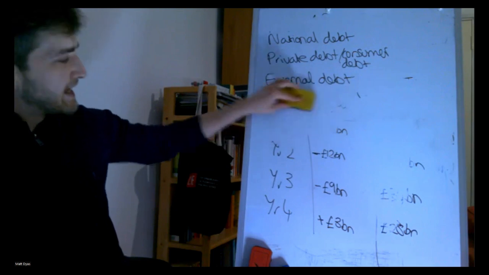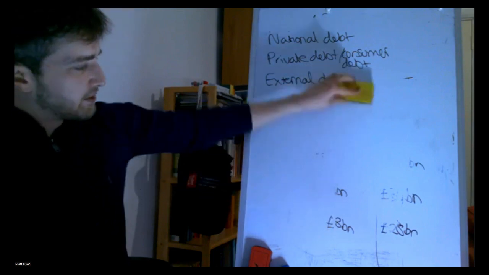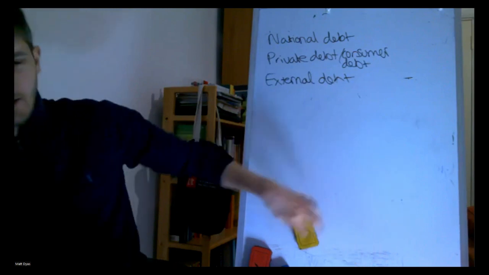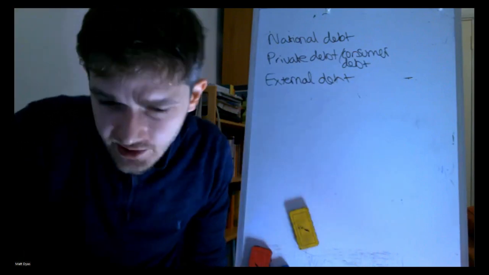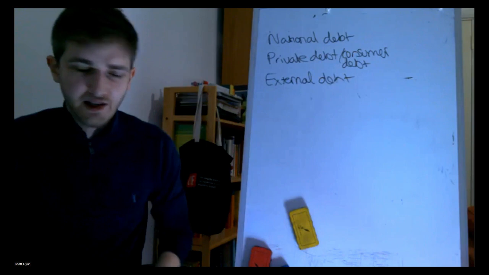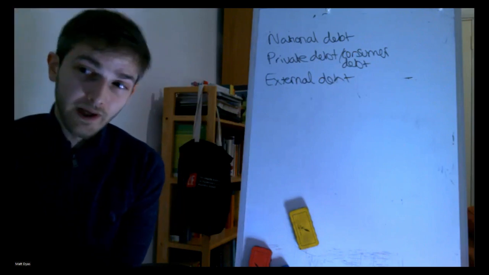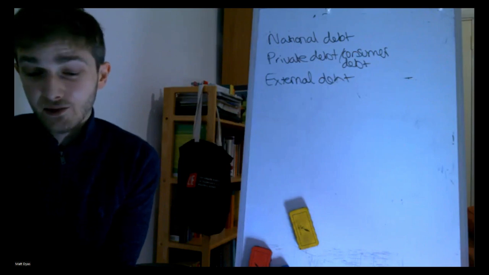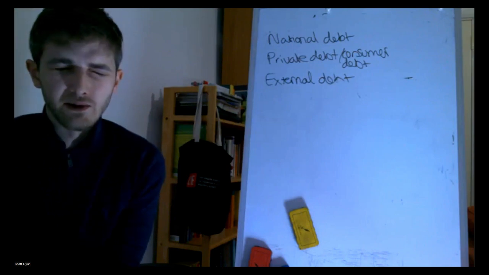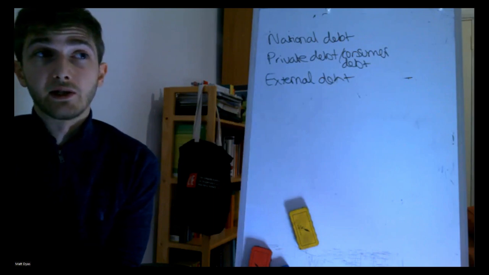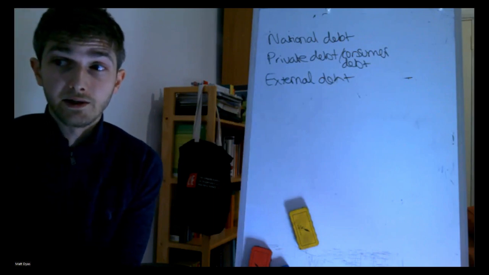Okay, so national debt is a weird name because it is not actually the whole nation's debt, like everyone in the country. It is just the government's debt. Okay, and I get that is confusing, but it's not complicated. National debt really just means government debt. So when we use the term national debt, we do not mean everyone in the nation. We just mean the government's debt, which relates entirely to fiscal policy.